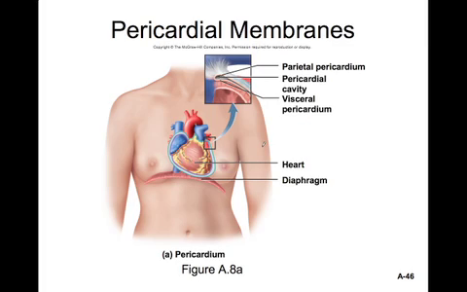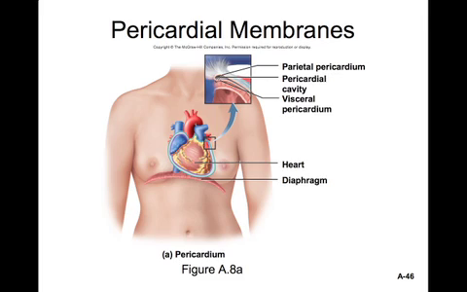So let's take a closer look at the pericardial membranes. Here you can see the heart, and the purple layer around the outside of the heart is going to be the visceral pericardium. Remember the balloon example? The heart, imagine like a fist being pushed down into that balloon and creating a double layer.